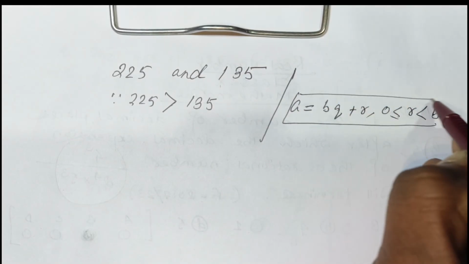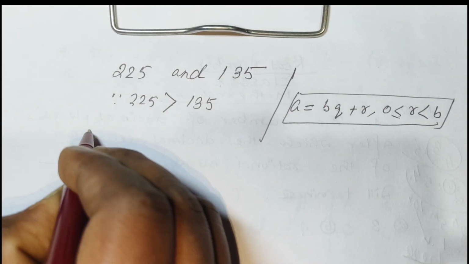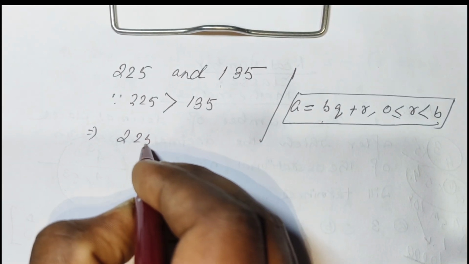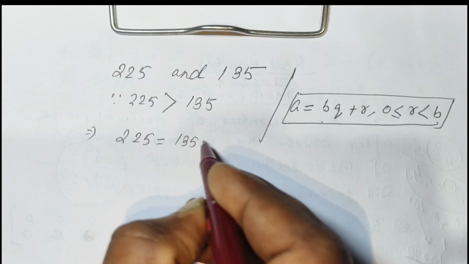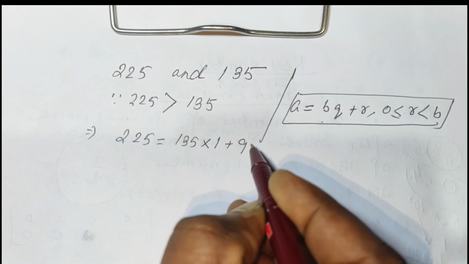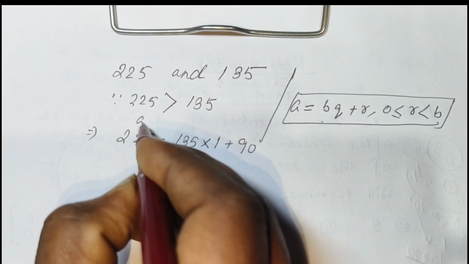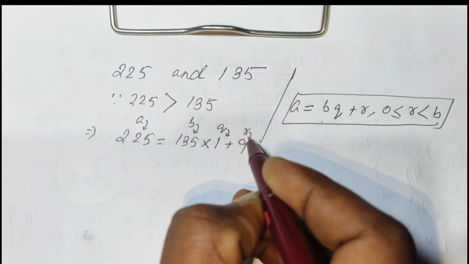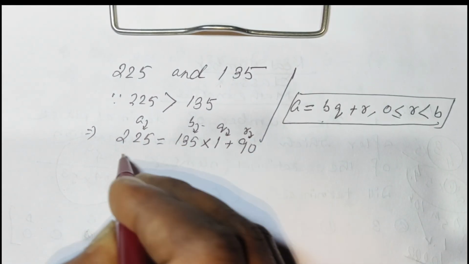Right? Okay, let's continue. Now we can express it in the form of 225 equal to 135 into 1 plus 90. So now this is a, this is b, this is q, and this is r, right? A equal to bq plus r form.